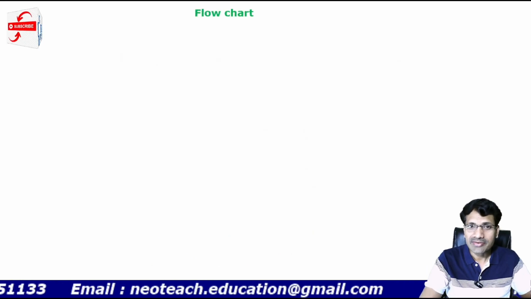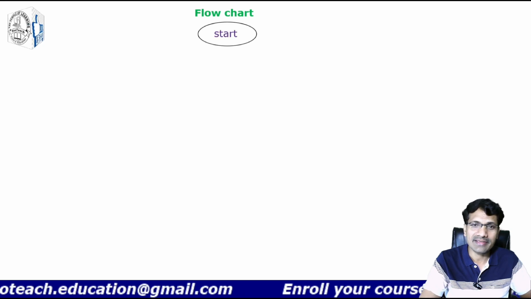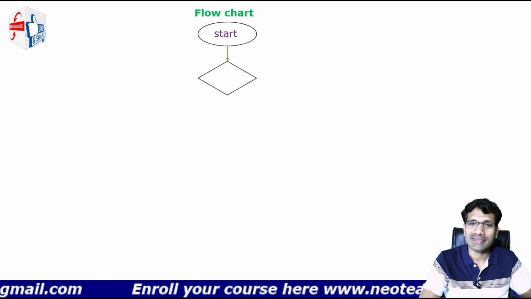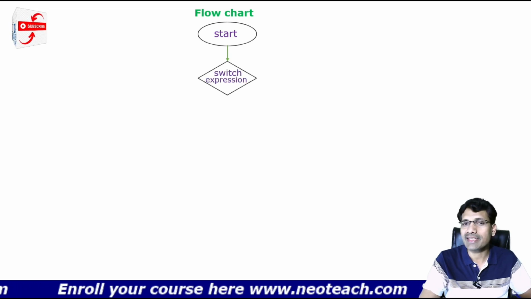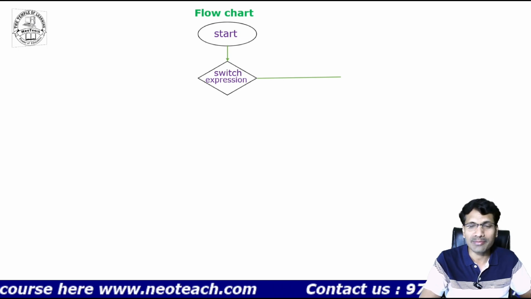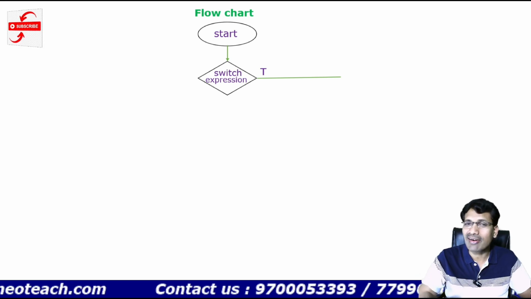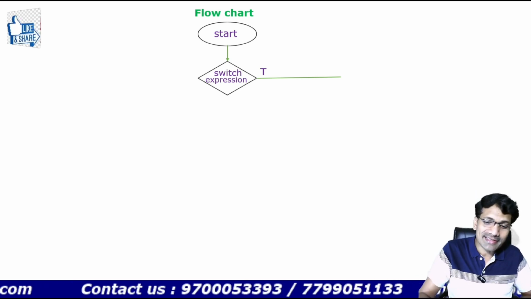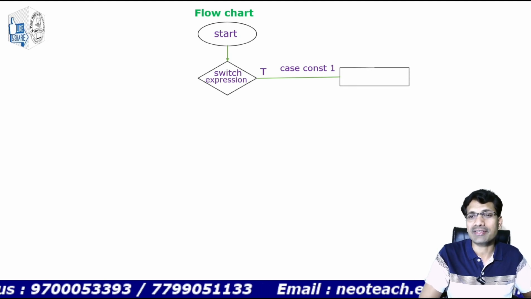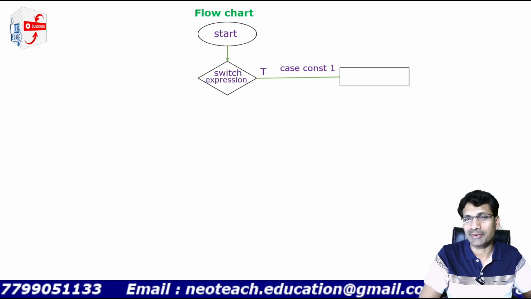Let me explain the flowchart first. To begin, we start the program and then the switch expression. The switch expression evaluates and that value is checked with the constants in the cases. If a match is found, meaning any constant matches the switch expression value, then true is pointed. True means a match-found scenario.